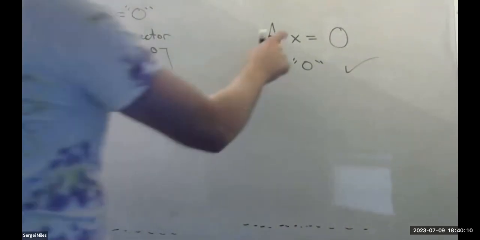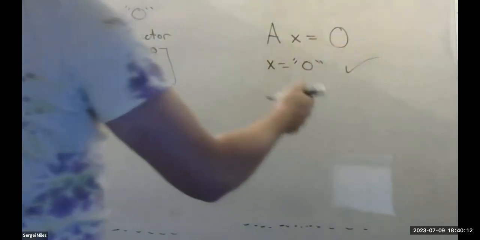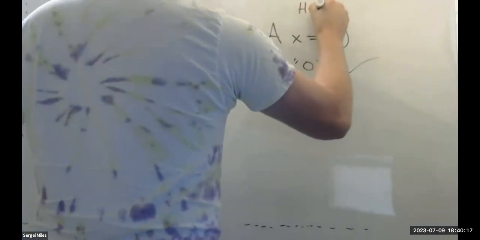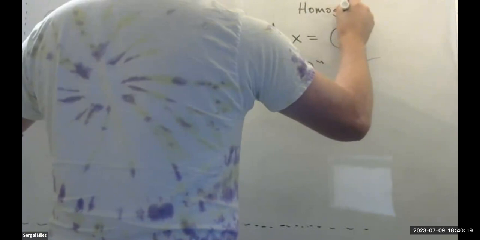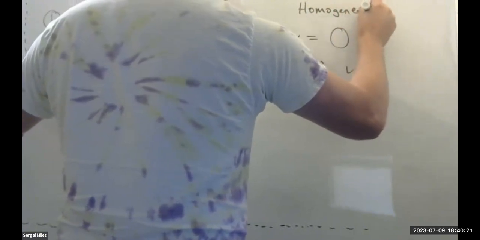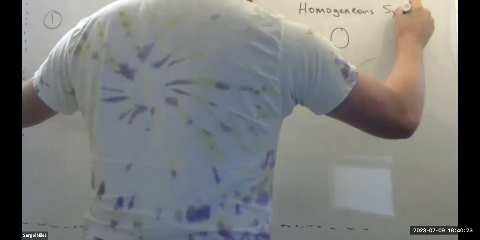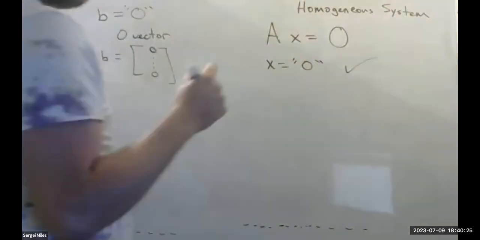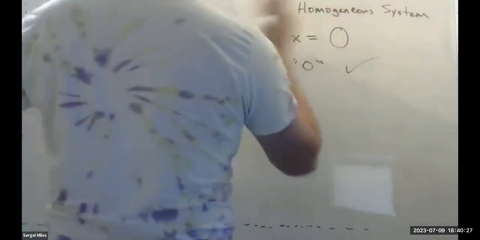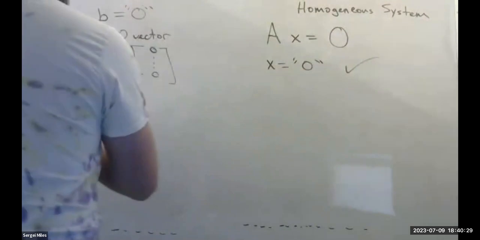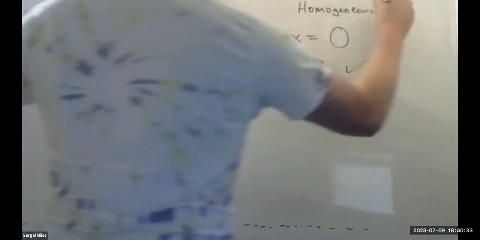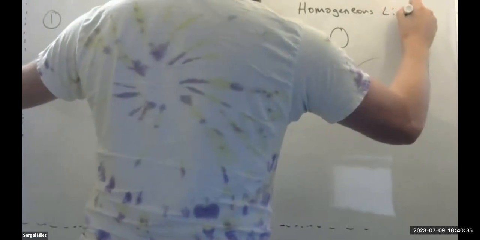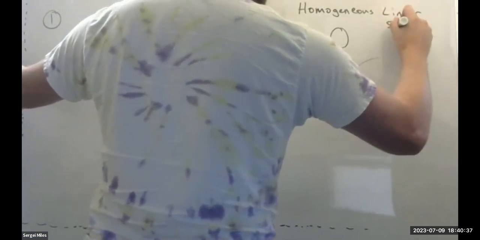In fact, with this kind of system, when it's equal to 0, let me first clarify. This is called a homogeneous linear system, because we're talking about linear equations.